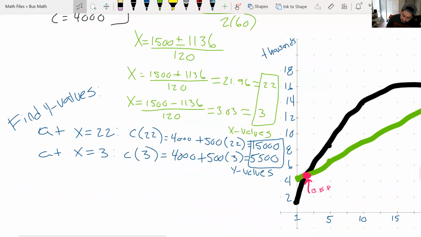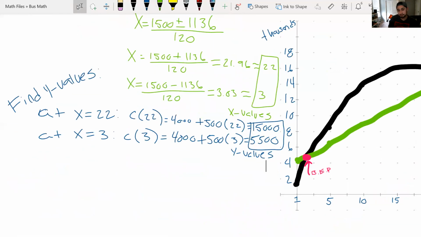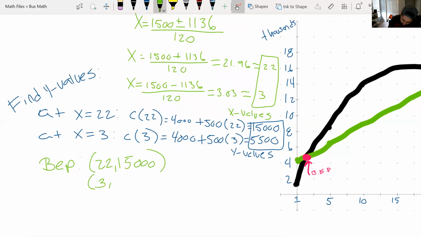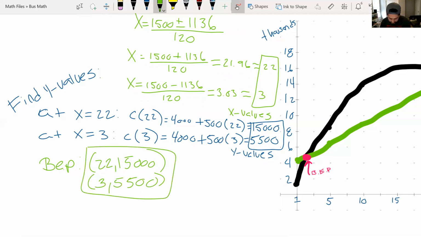So after a lot of work, I know, but we can get through it. So after all of this, our break-even points, our BEPs, are 22 and 15,000 and 3 and 5,500. So that's what these points would be over here on your screen.